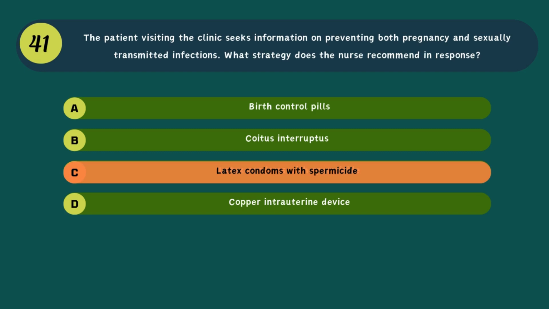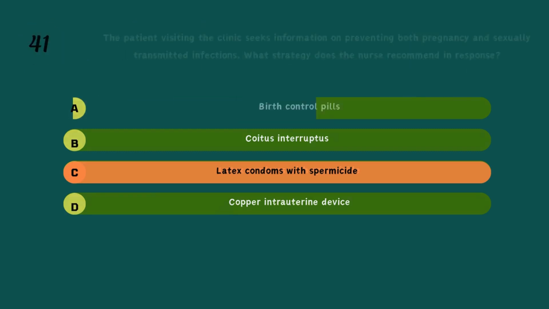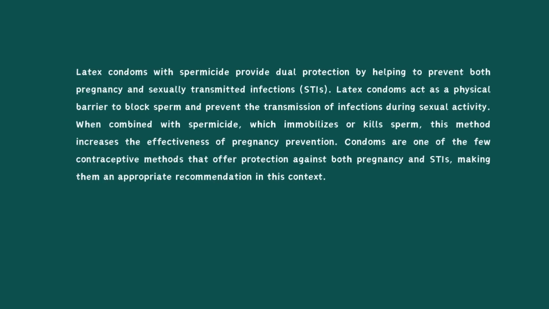Correct answer. C. Latex condoms with spermicide. Latex condoms with spermicide provide dual protection by helping to prevent both pregnancy and sexually transmitted infections. Latex condoms act as a physical barrier to block sperm and prevent the transmission of infections during sexual activity.